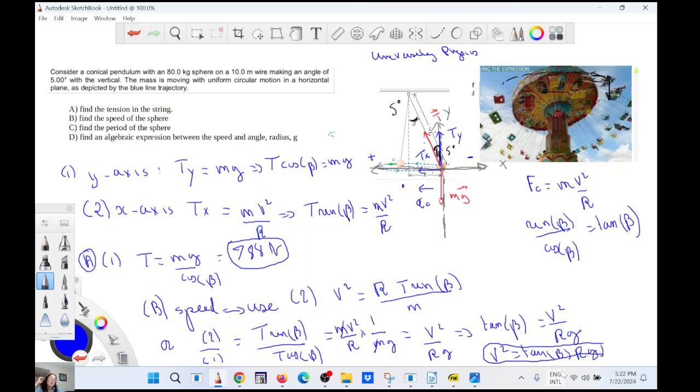So in the lab, you can use this equation here. You can find the speed, and once you have the speed, you can find the period. Then you just have to plug it in.